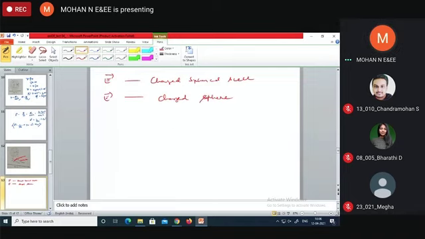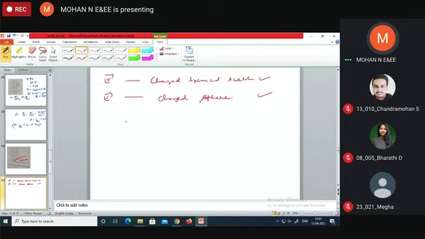So you can expect a theory question on this, or you can expect a problem on this. Given the radii at different points, you will be able to solve for the field. That's all. If you have understood the concept, then it is very simple to solve the problem.